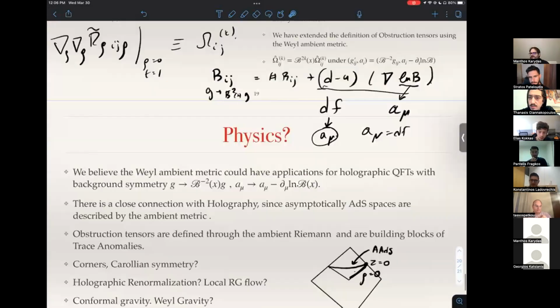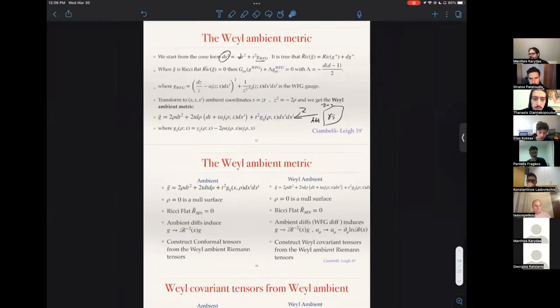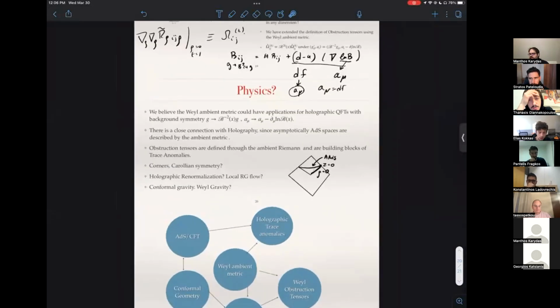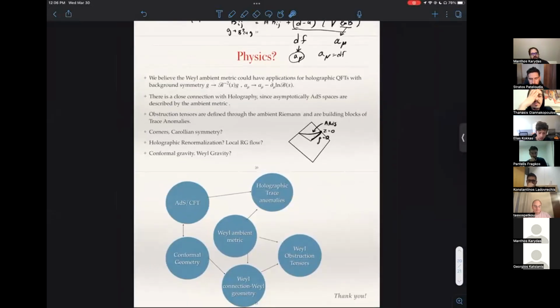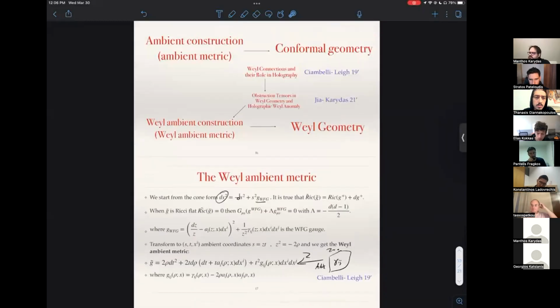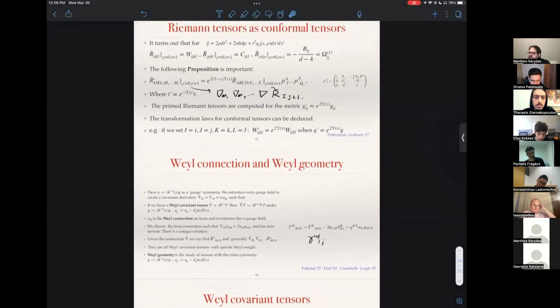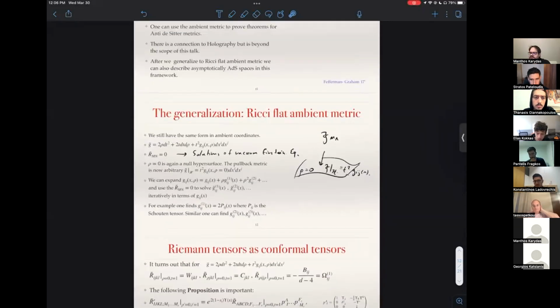Yeah. So why are you using the rho equals 0 null cone? Is it essential, or is it just for simplicity in the expressions? I assume if you fix rho to some other constant, there is another null cone, right? No, in this coordinate system only rho equals 0 is a null surface.